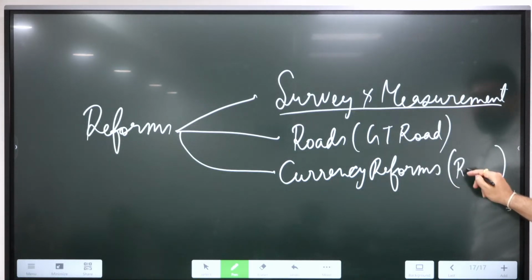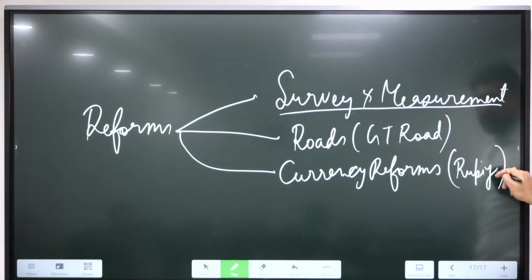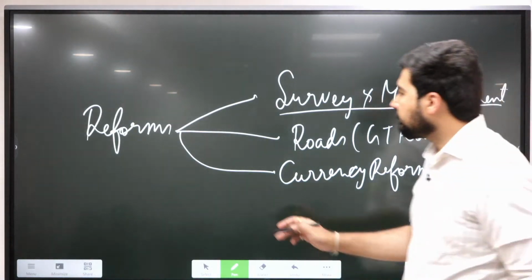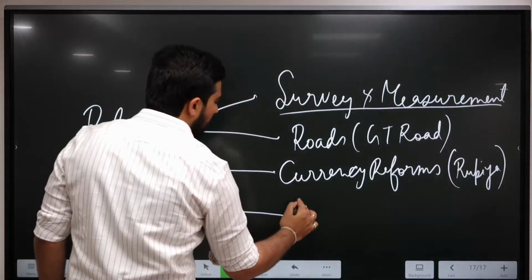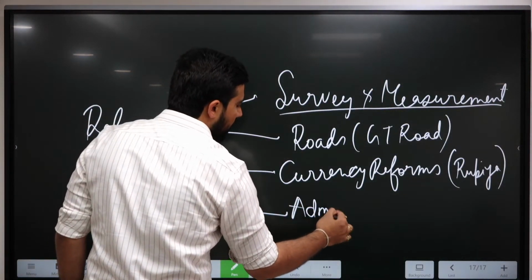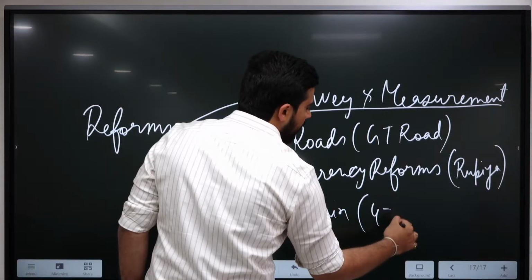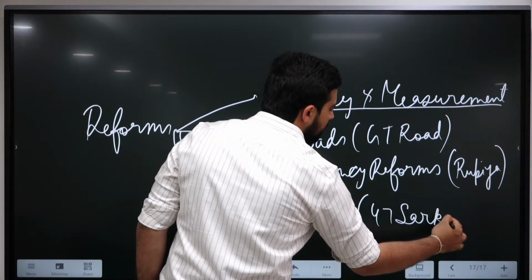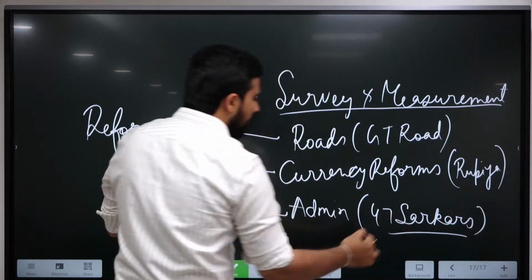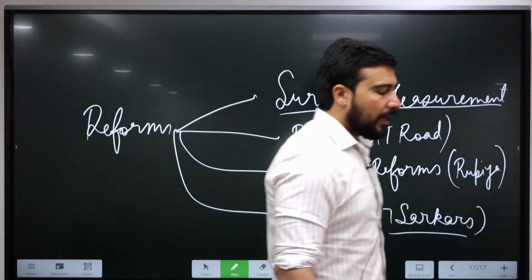The silver rupiah, which is even used till today, was standardized by Shershah. Administration was also reformed by him, with the creation of roughly 47 sarkars. The same will be carried on by Akbar.